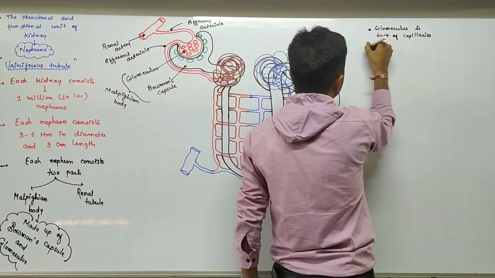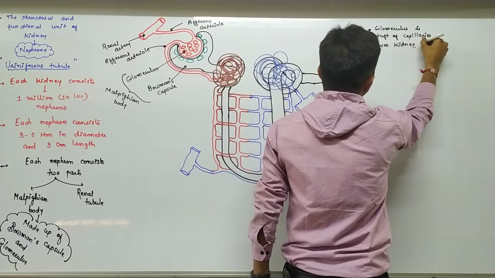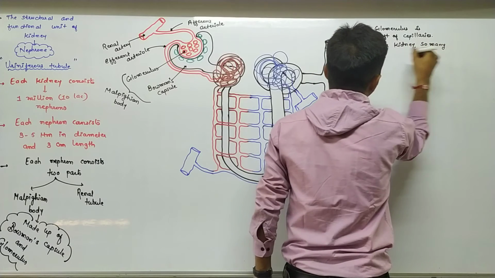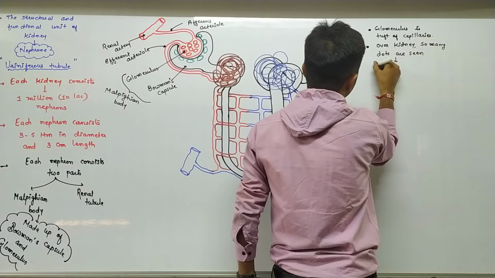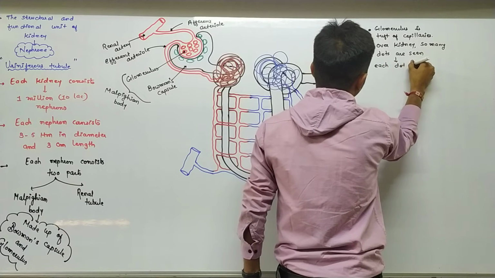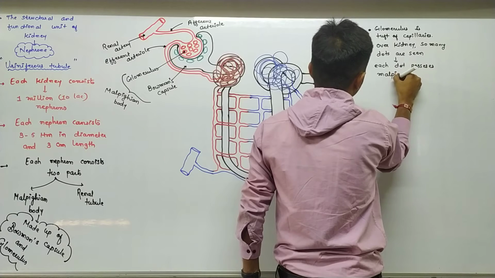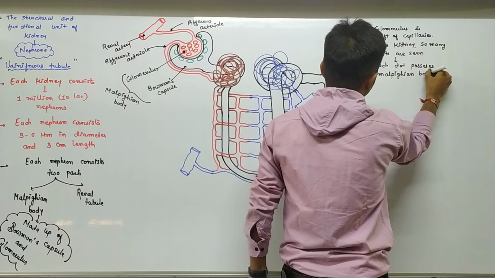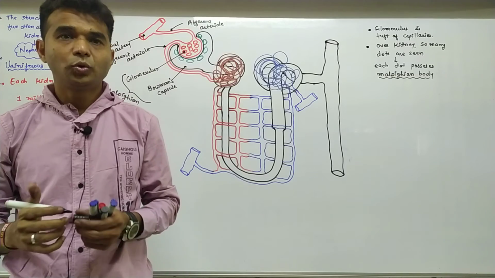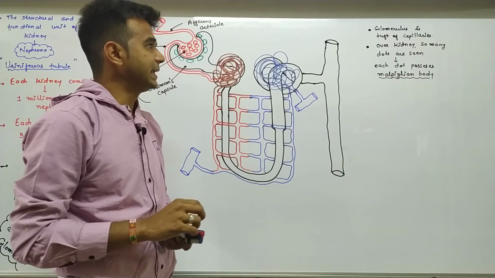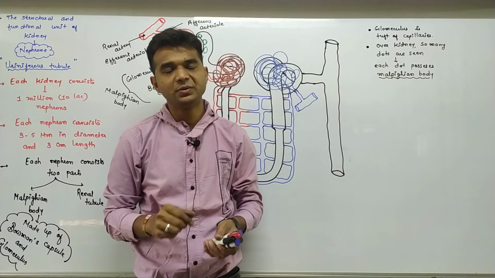So now the main important thing: over the kidney, so many dots are there. Each and every dot possesses a Malpighian body.